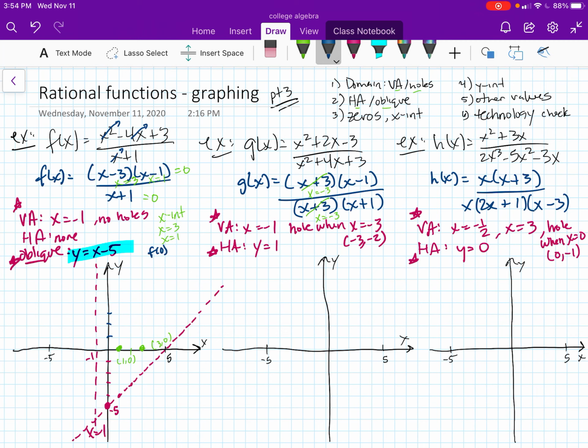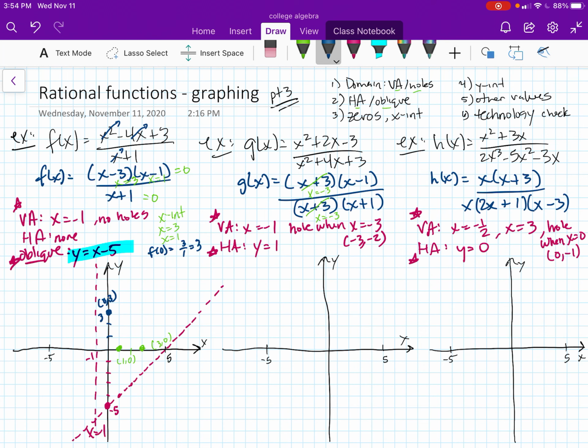So f of 0 is 3 over 1, which is 3. So the y-intercept is (0, 3). That was kind of a coincidence that I went up 3 right there, and I got a y-intercept of 3.